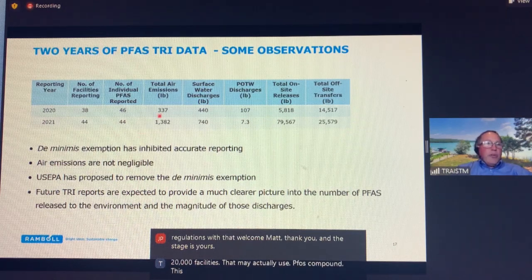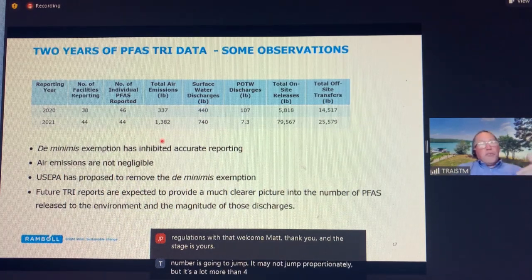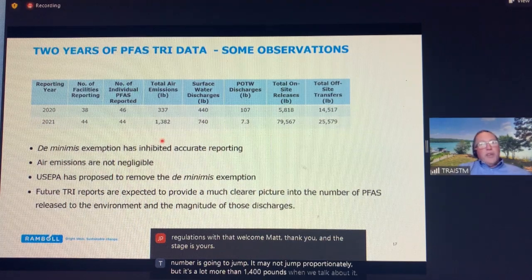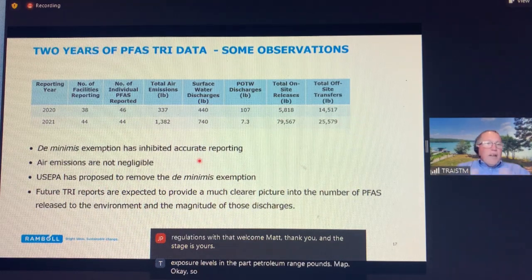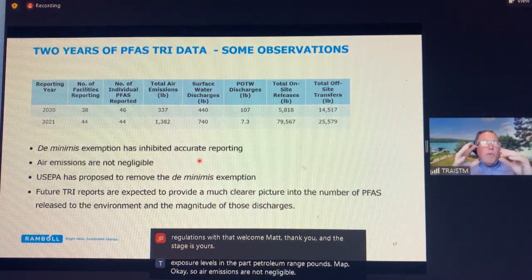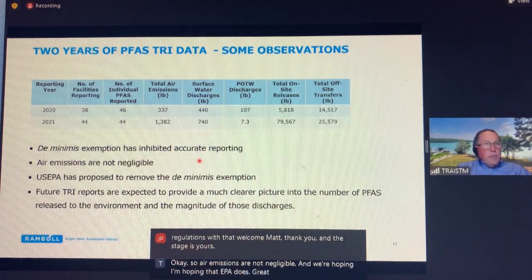This number is going to jump. It may not jump proportionately, but it's a lot more than 1,400 pounds. And when we talk about exposure levels in the part per trillion range, pounds matter, okay? So air emissions are not negligible, and I'm hoping that EPA does remove the de minimis exemption.